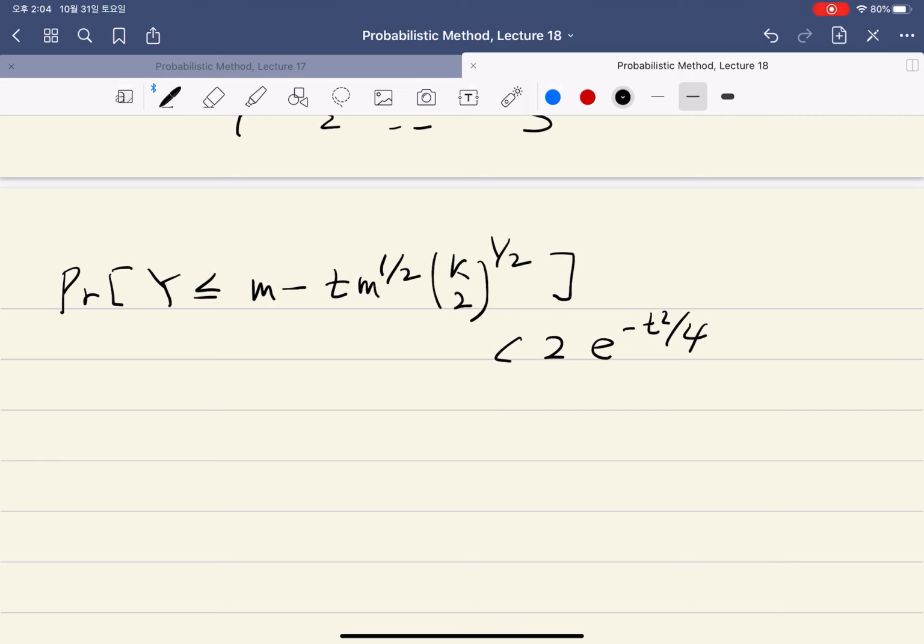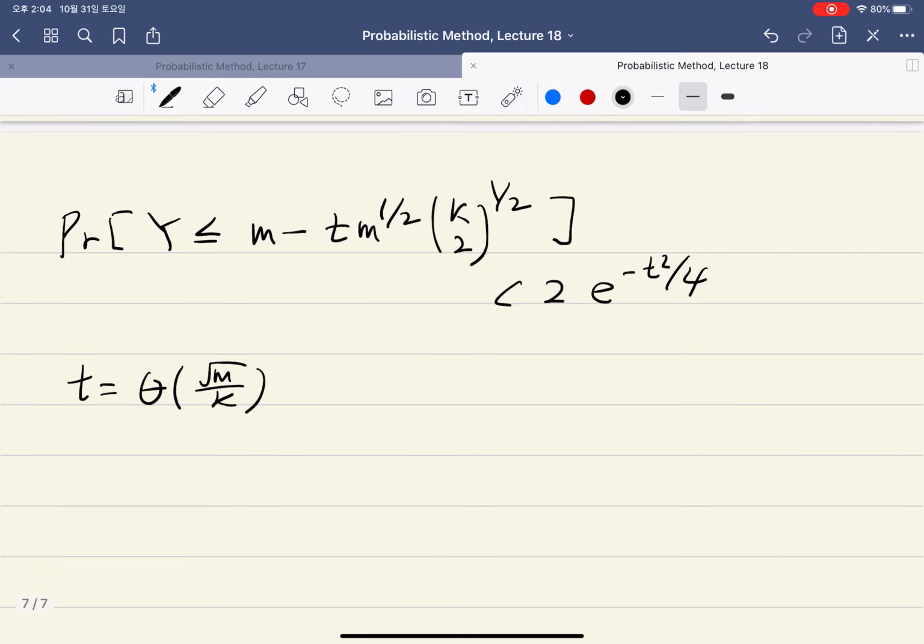And we set t to be some constant times the square root of m over k. Then what happened? Then m and t times m to the half times k choose 2 to the half are the same.